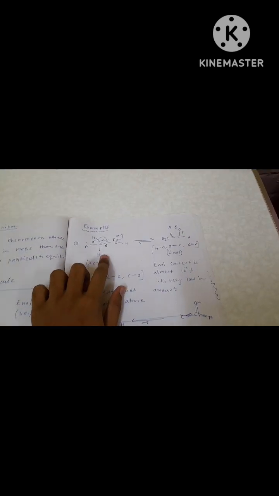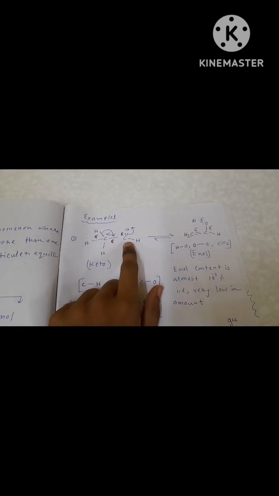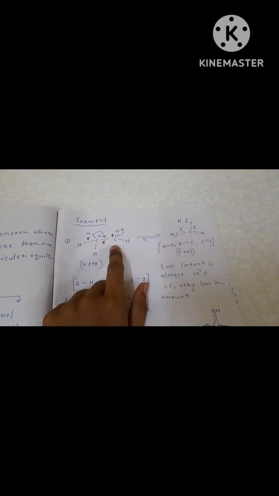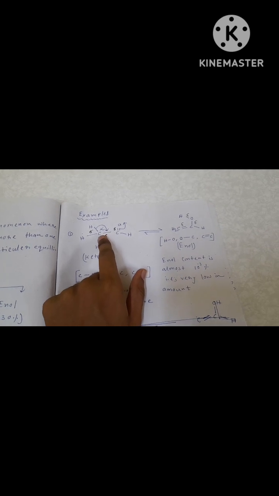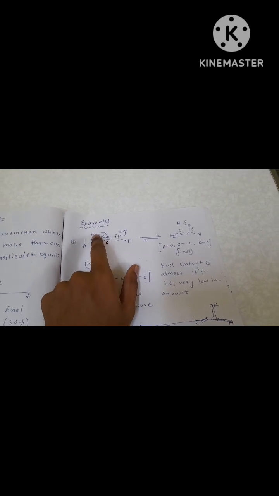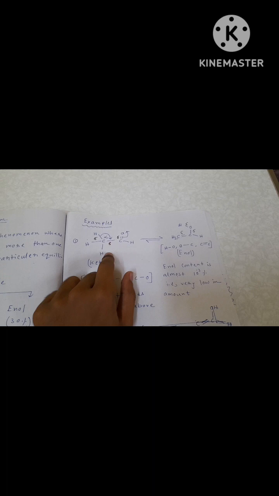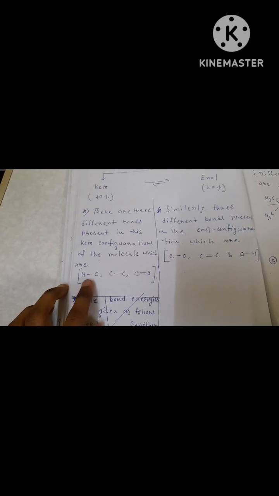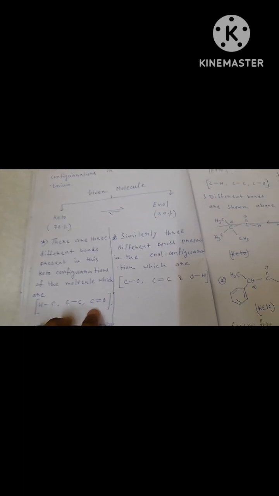So this is acetaldehyde. Here it is a keto configuration, with a carbonyl group present here, and with respect to the alpha position there is a carbon atom present, and on the carbon atom 3 hydrogen atoms are present. So here I see a C-H bond present, C-C and C=O.